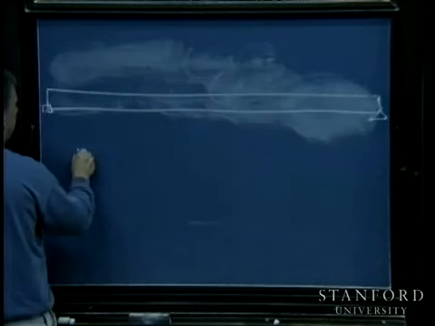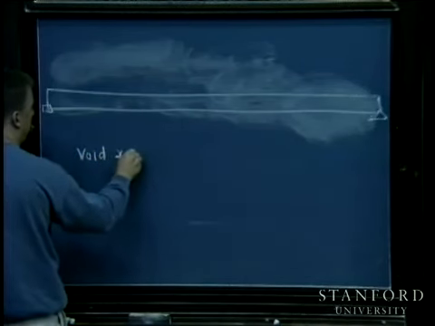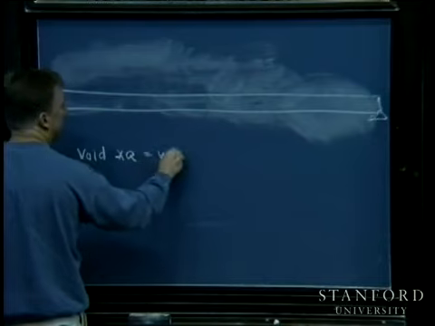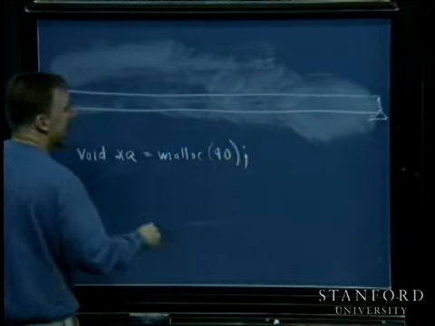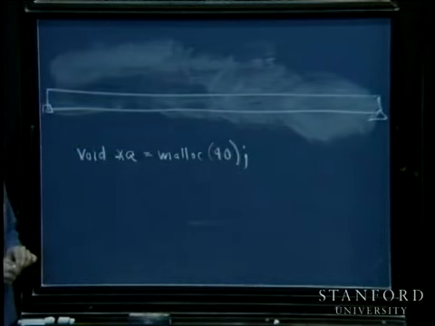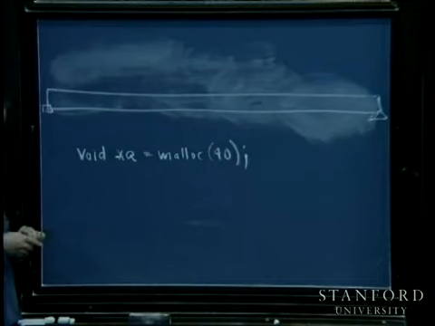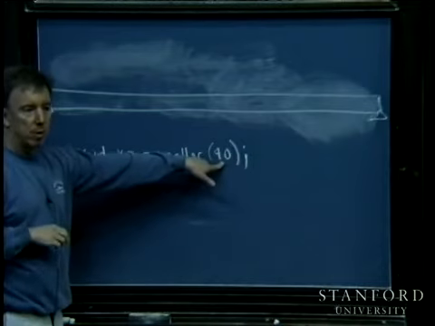So I go ahead and I declare void star A is equal to malloc of 40. This isn't exactly what happens, but it's pretty close. It will usually search from the beginning of the heap and look for the first free block of memory that's able to accommodate this size request.